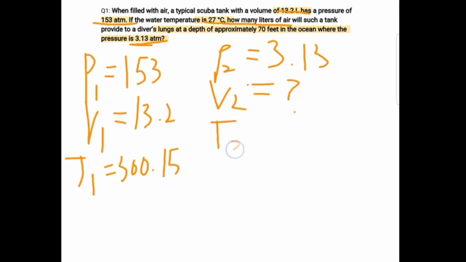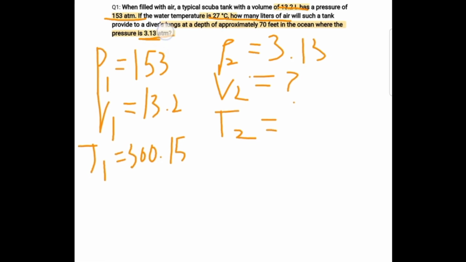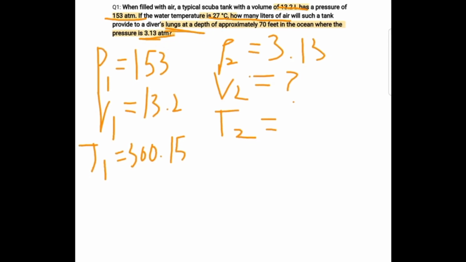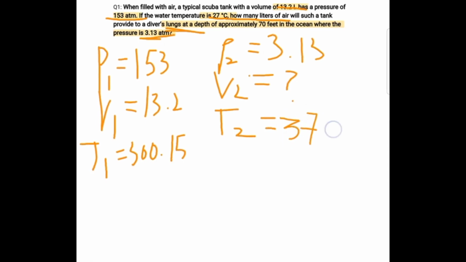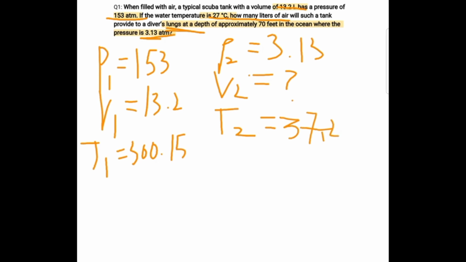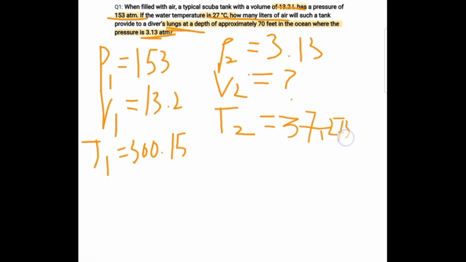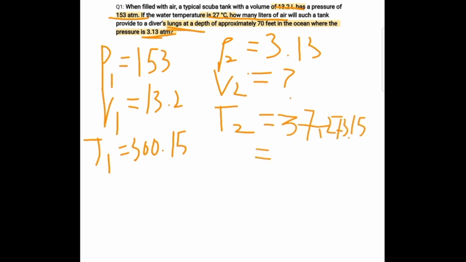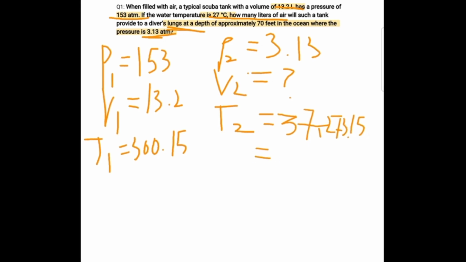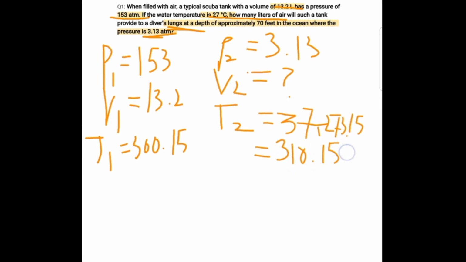Temperature 2 will be the temperature of the lung, which is human temperature, 37, plus 273.15, equal to 310.15 K.